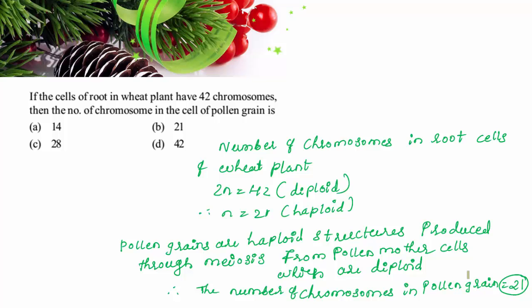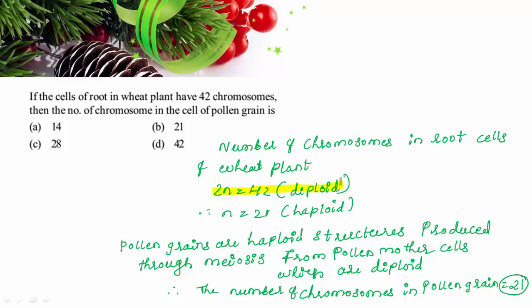The number of chromosomes in the root of wheat plant. What is root? It is a vegetative part of the plant body. The entire plant body has 42. So therefore the diploid number of chromosomes is 42.